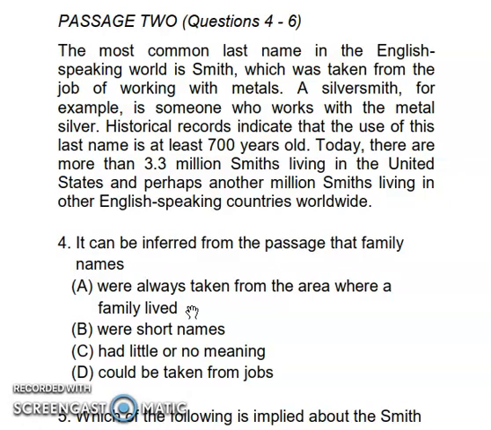For example, if people work with metals, we can take the term silversmith, someone who works with the metal silver. We can use the word smith here as the family name.